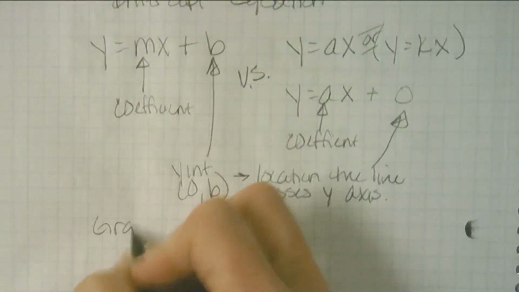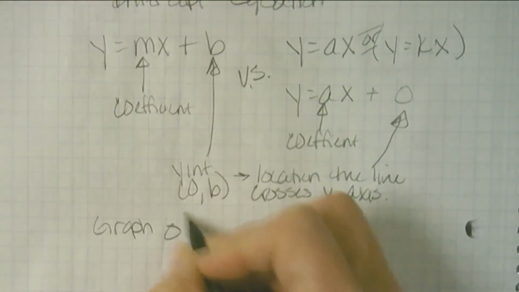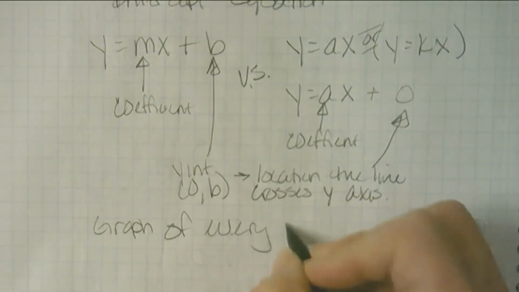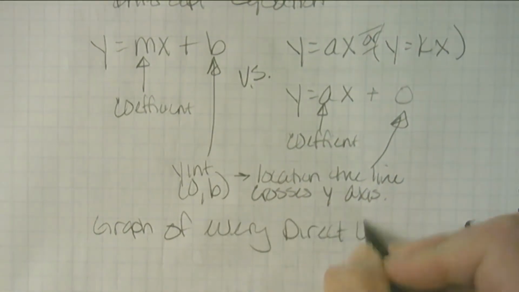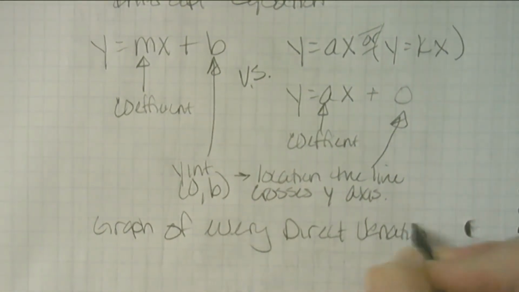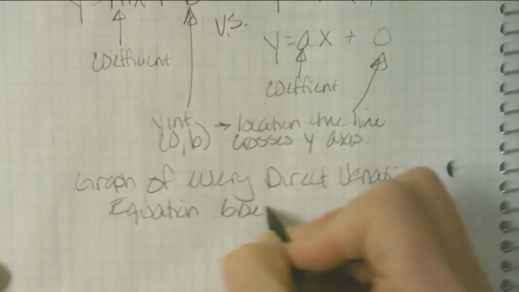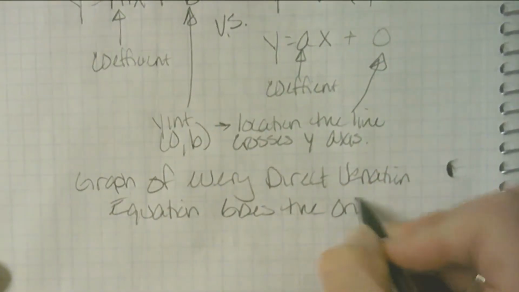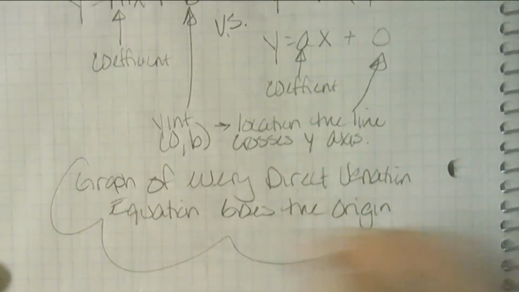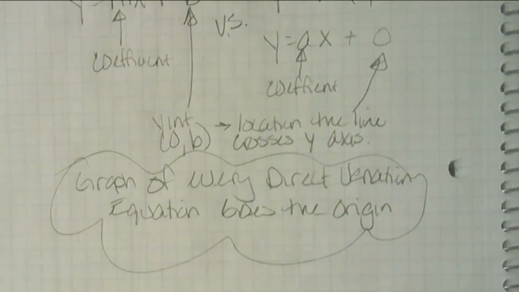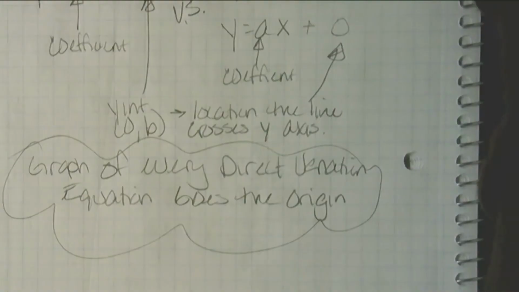So the graph of every direct variation equation goes through the origin, every single one of them.